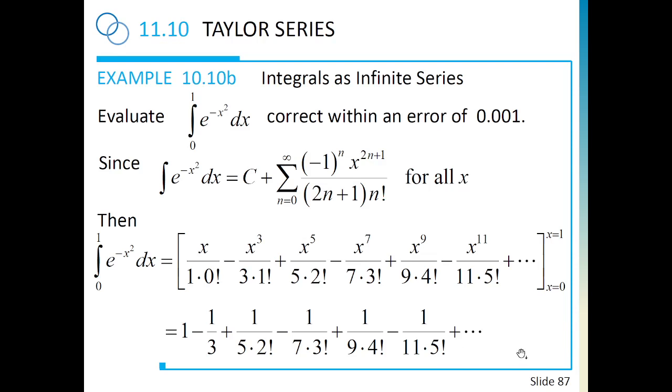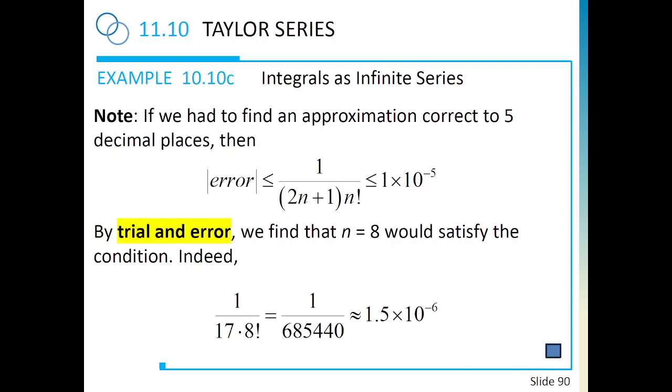So that's the idea. Those are two types of questions: either how many terms do I need to get a certain precision, or you compute an approximation to a certain precision that is already given.